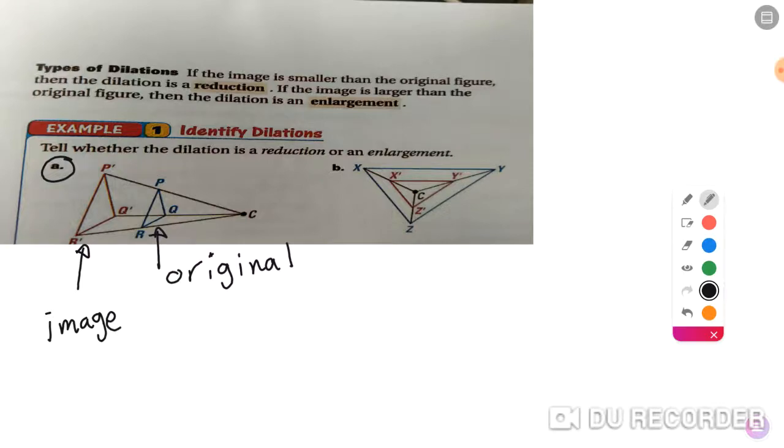What happened to the original figure? I think it became larger. Okay, so here we are talking about an enlargement. So the answer is: since the original figure has become larger, the dilation is an enlargement.